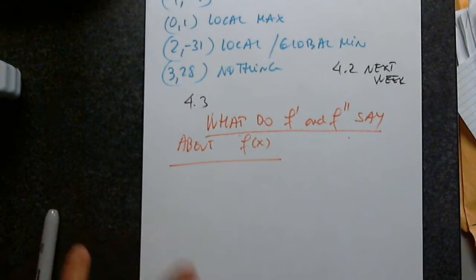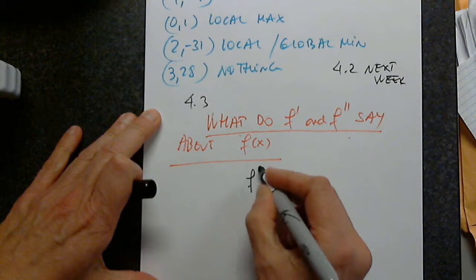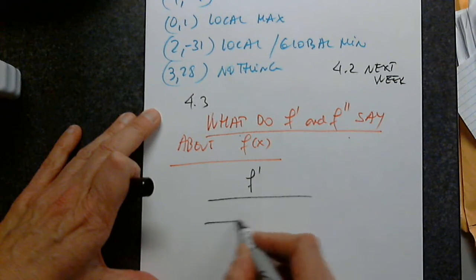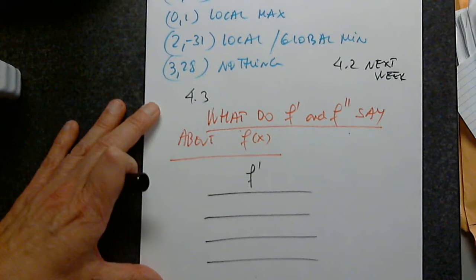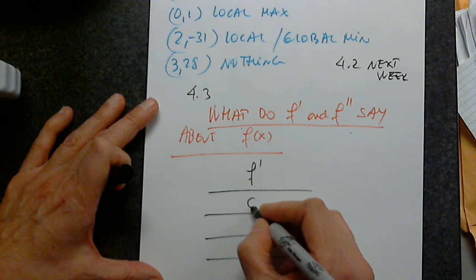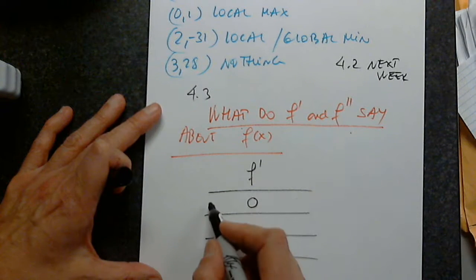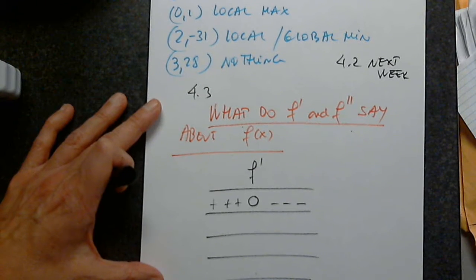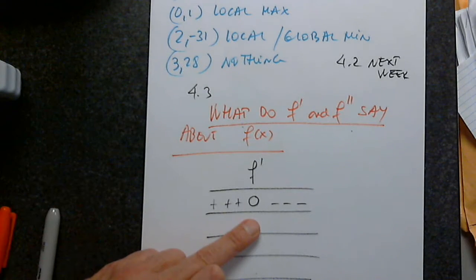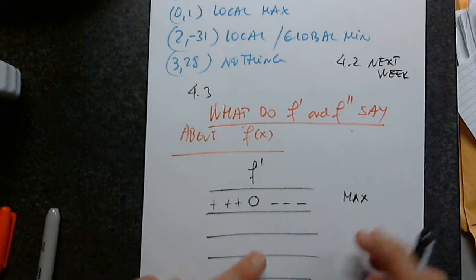One thing that we already know, but I didn't tell you what it was, is when we study the derivative, there are several possibilities. Let's say the derivative is 0, and the sign changed like this for the derivative. What will that point represent? A max. Very good.